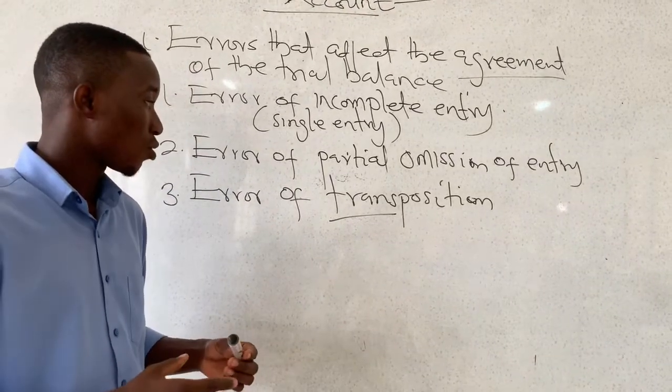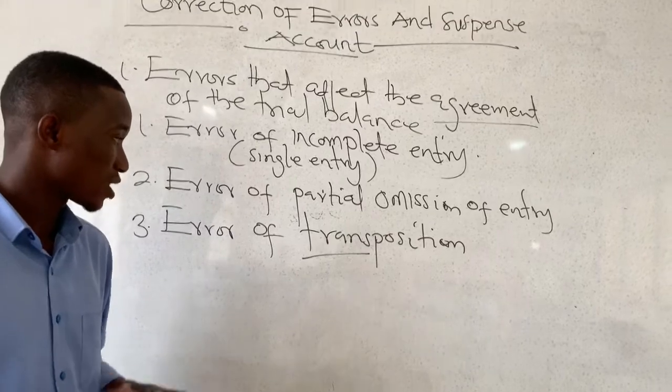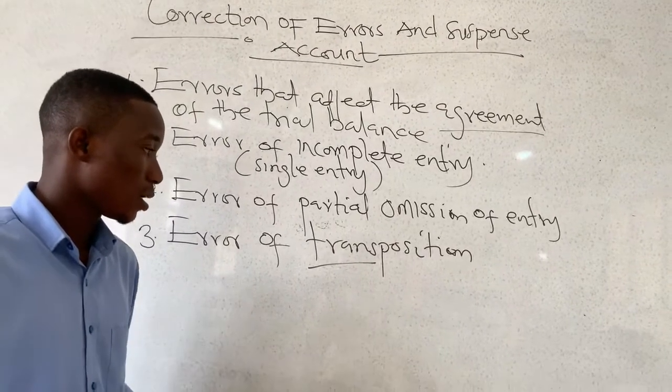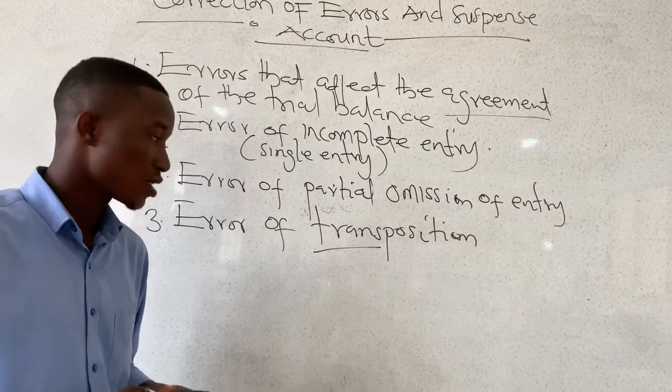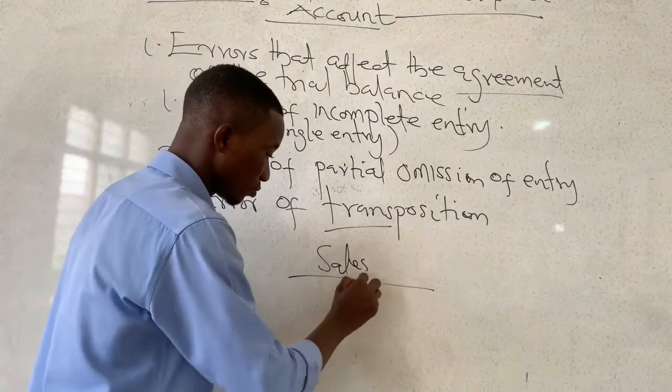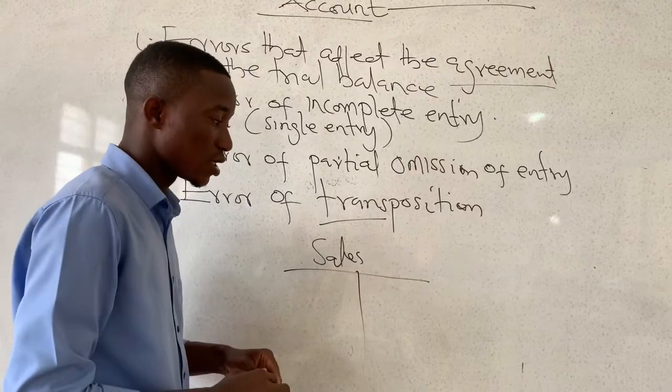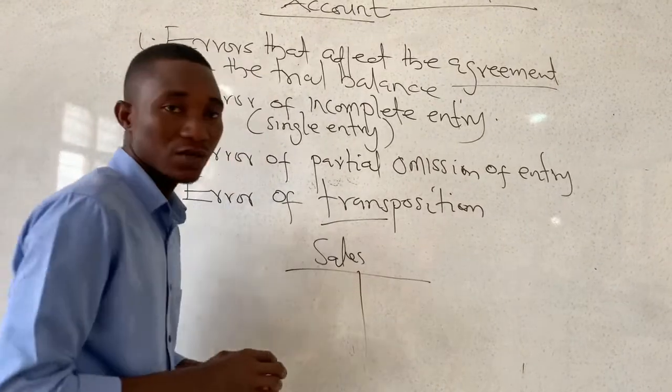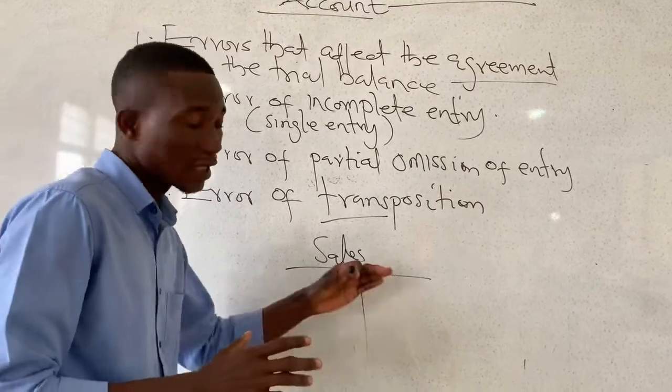Okay, so I'll keep sticking with my example. Let's say sales of an amount of 32 cedis. Okay, so in our sales account, sales of 32 cedis. So we're supposed to credit sales account with an amount of, let's say, $32.